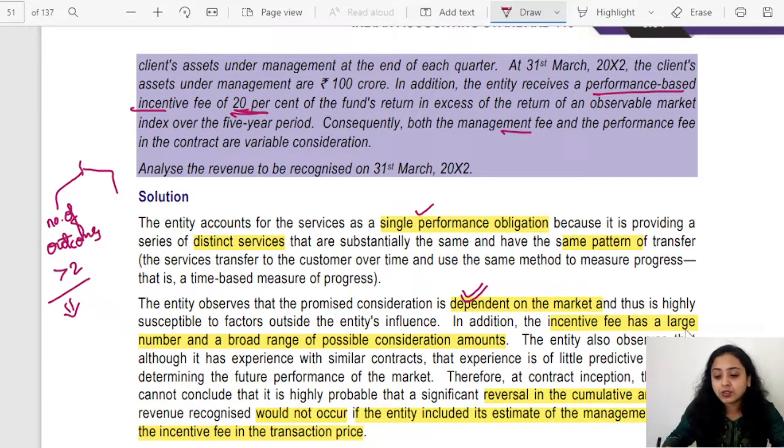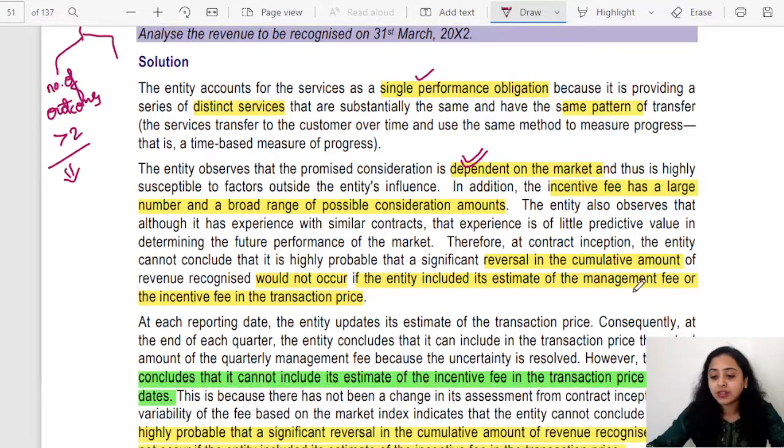The entity observes that although it has experienced similar contracts, the experience has little predictive value in determining the future performance of the market. Therefore, at contract inception, the entity cannot conclude that it is highly probable that a significant reversal would not occur, and therefore it does not include an estimate of the incentive fees in the transaction price.